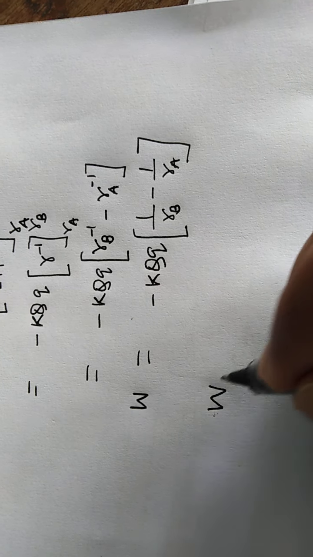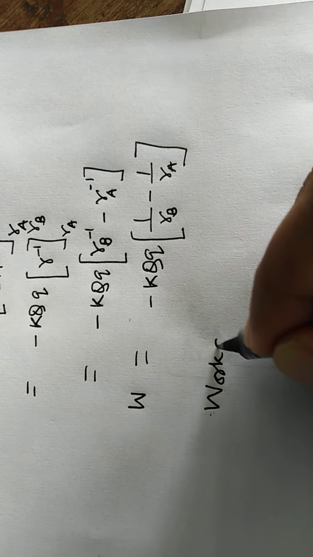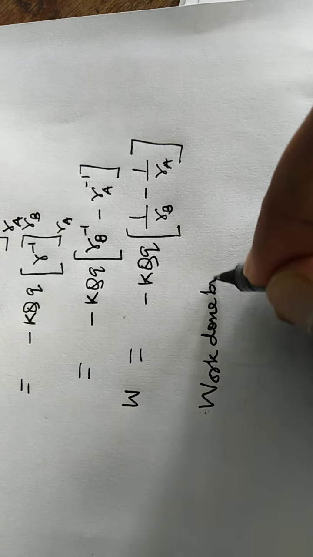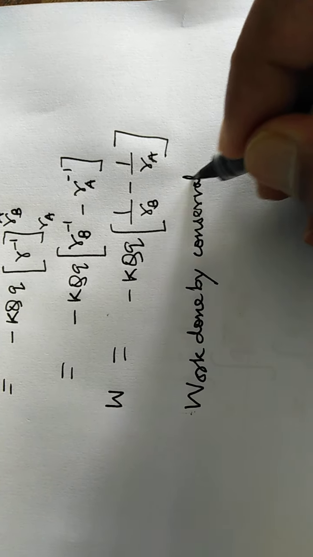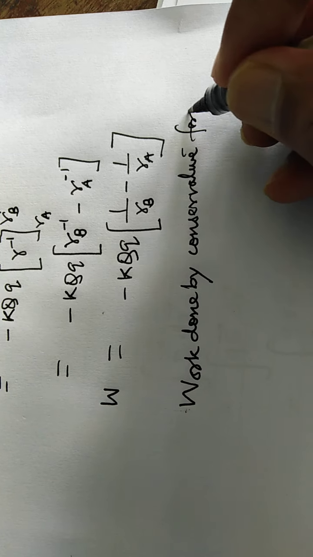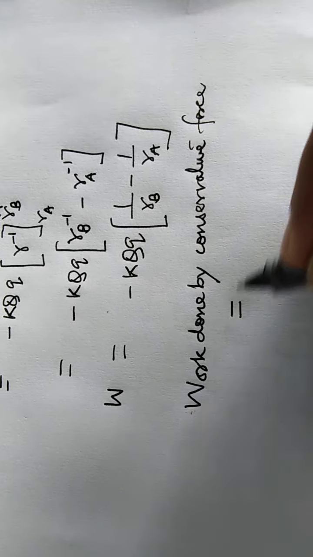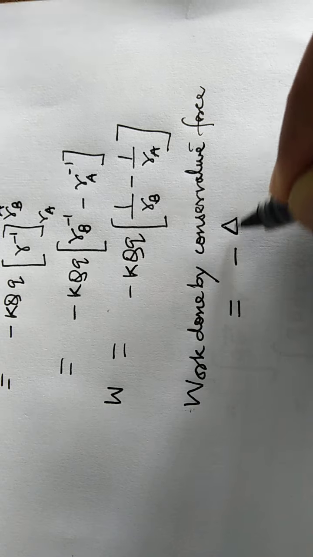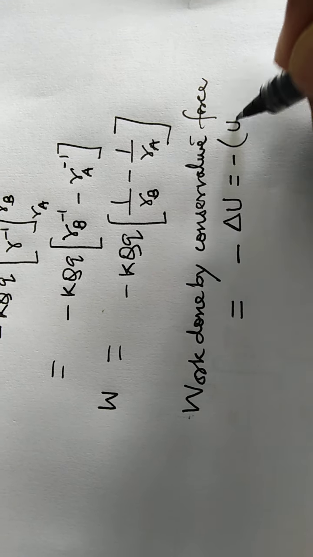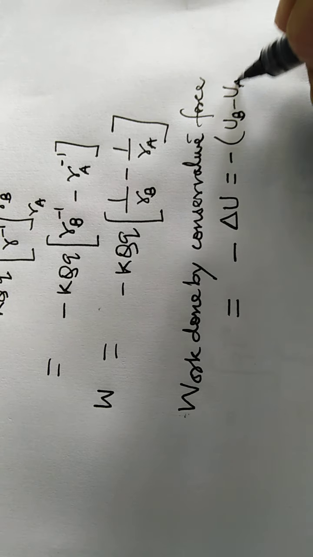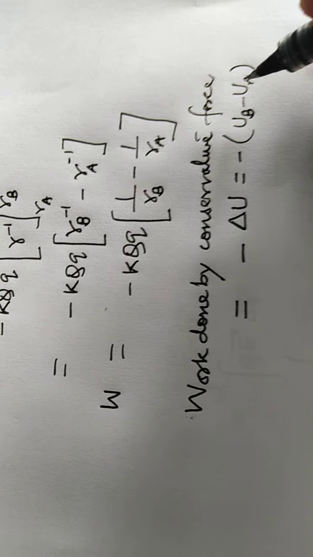So work done by conservative force is equal to negative of change in potential energy. Here we can write it minus (U_B minus U_A), U final minus U initial.